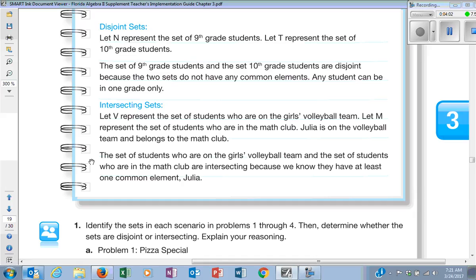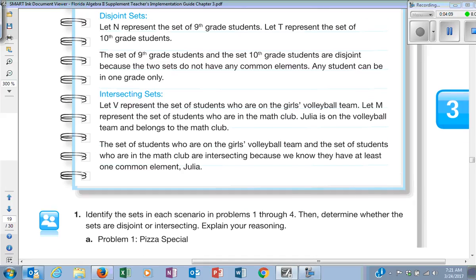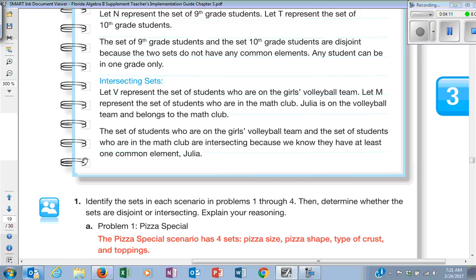If you don't have that many credits, you're still in 9th grade. Does that make sense? Okay. For intersecting sets, they say that this girl is on the volleyball team. She's also in the math club. So the volleyball team and the math club are intersecting sets because of Julie. Does that make sense? Questions on that?